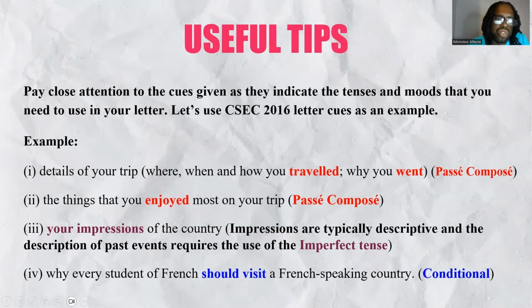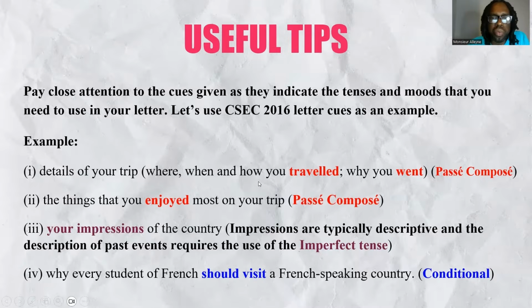All right. So let's look at cue number 1. It says details of your trip. Where, when, and how you traveled. Why you went. Now, the verb is usually the indication of what kind of tense you're going to use, right?